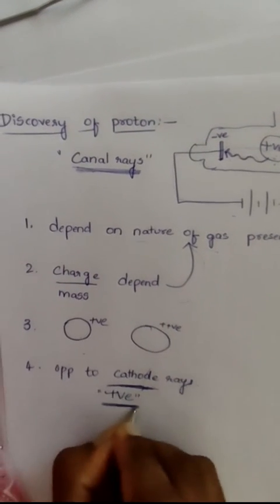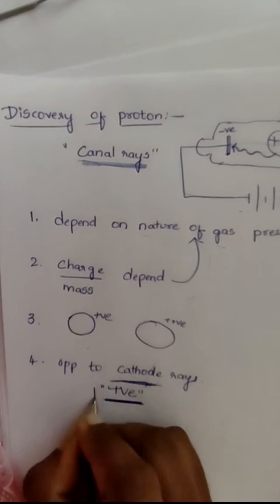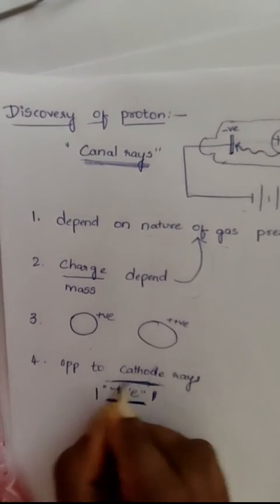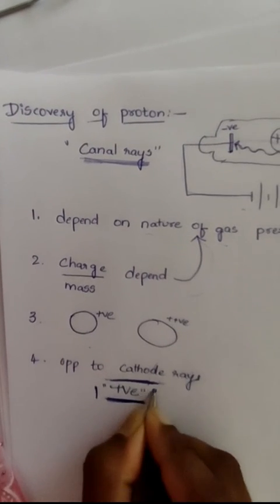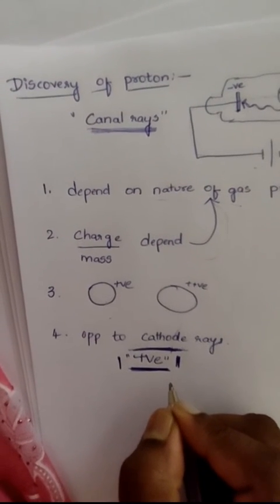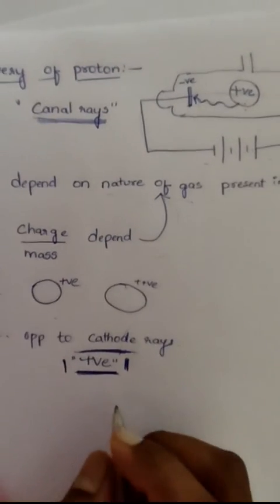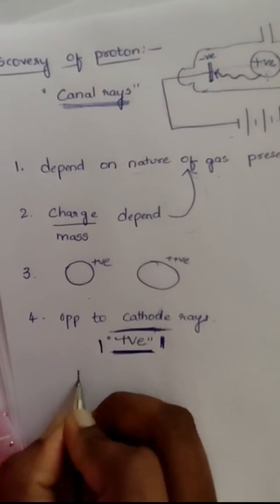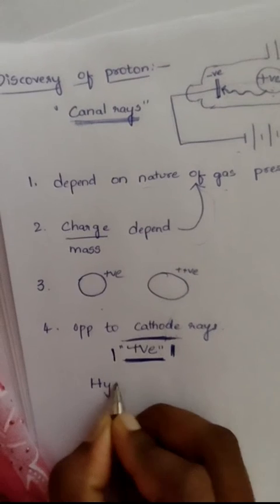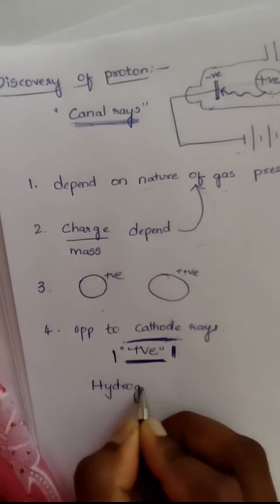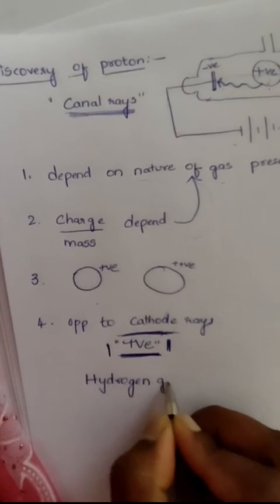So there are some particles in matter, that is, some particles in the atom which are positively charged, and the smallest positive ion is obtained from hydrogen gas.